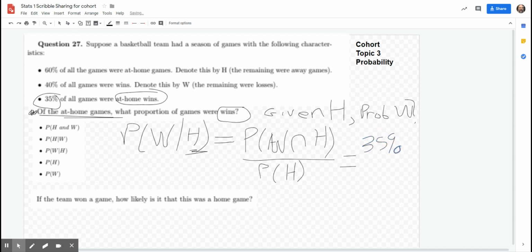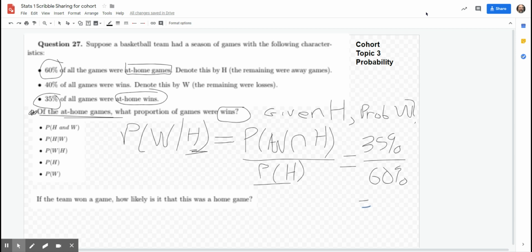But that 35%, sorry about that, given that it's at home, the condition is the at home. So 60% of all games. So the 35% is compared to the 60% before we decide on what the final answer is. For that, we need to whip out the calculator and figure out what 35 over 60 is.